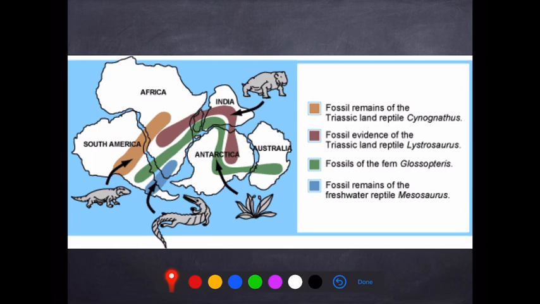But when we look at the fossil record, what we're able to see is that fossils of, for example, this organism here, this is Cynognathus, occur across continents.